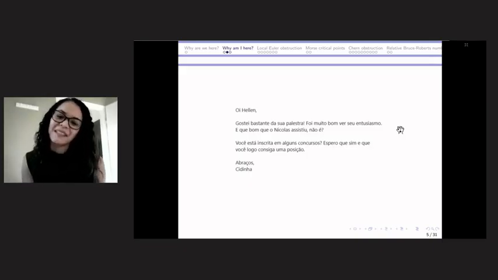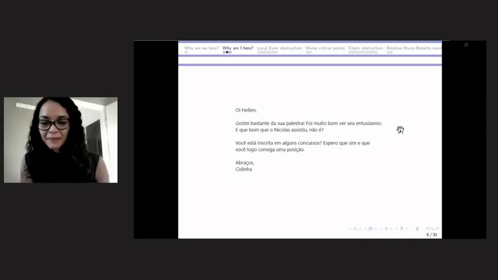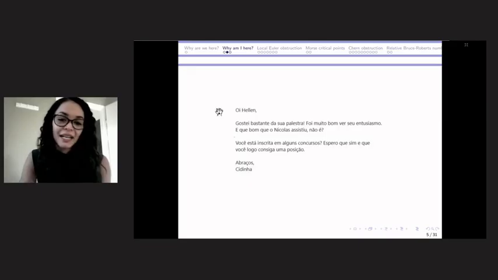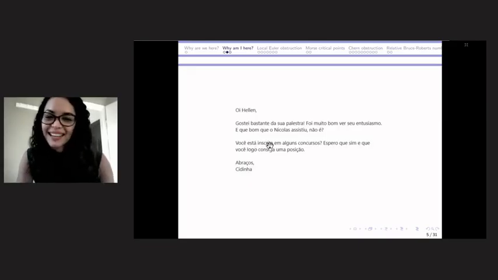quitting mathematics. And I got this email, and that is something that I cannot ever return, right? And she says here, of course, many of you are Brazilians, but I know there are colleagues that are not. So yeah, she was asking if I was applying for positions, and that she hoped I got something at some point.